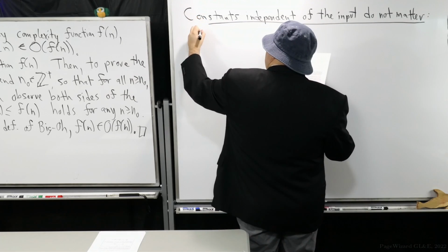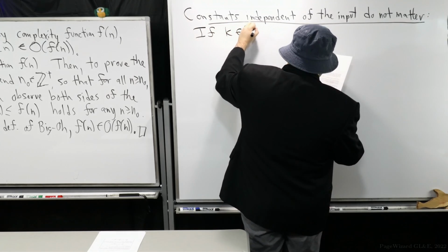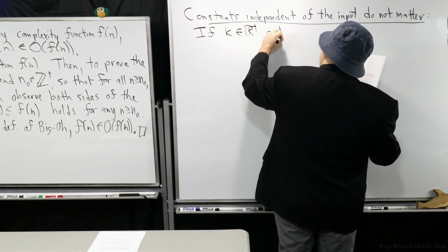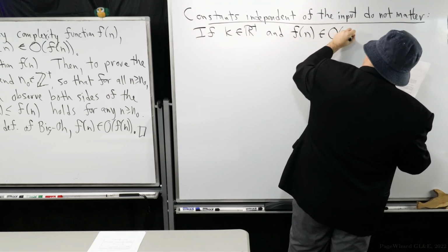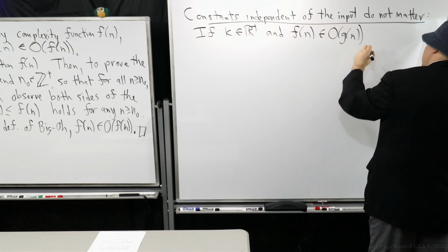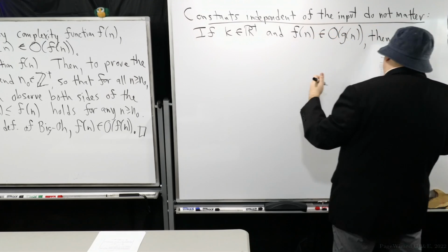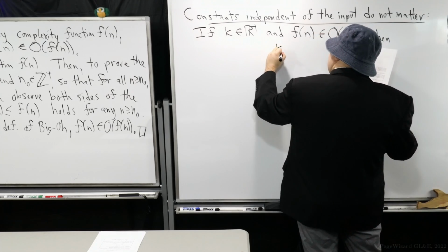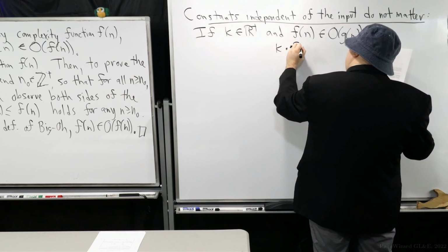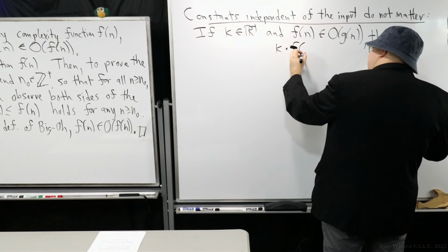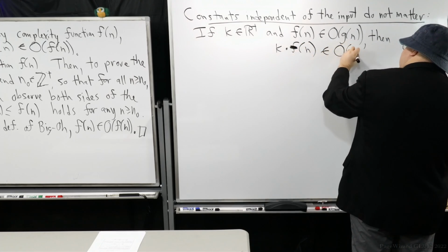If k is a positive real number, and you know that f is big O of g, then it also has to be the case when you multiply k by f, k times f has to also be big O of g.